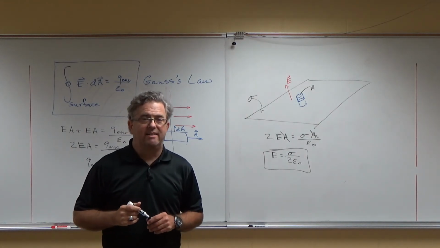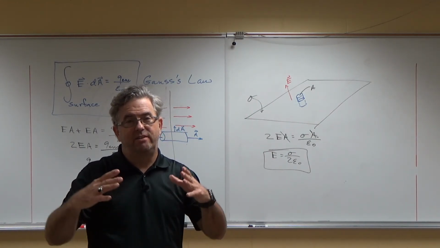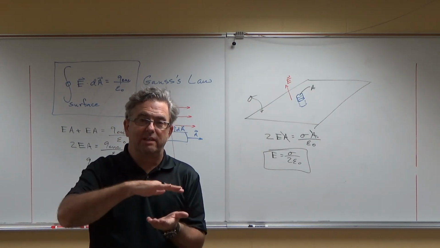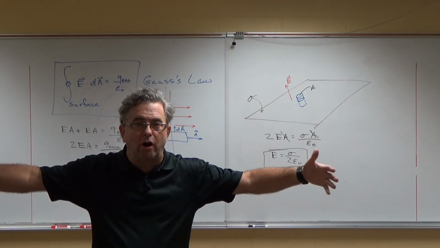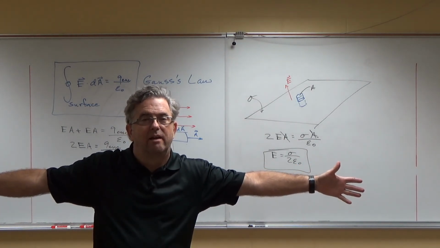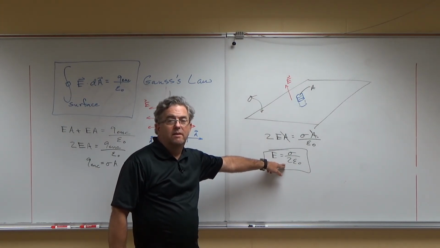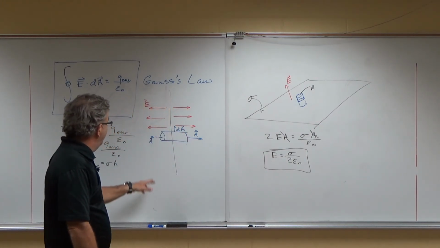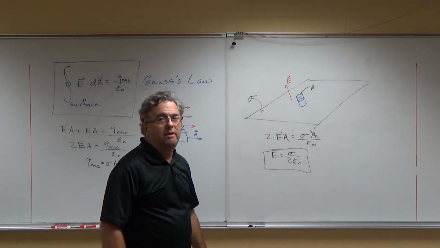That is exactly the same result that we got when I did the disk the other day. We calculated the electric field due to the disk of radius big R, and then I let R go to infinity, and in the limit we got this. This was a much faster, easier way to calculate that electric field with Gauss's law.